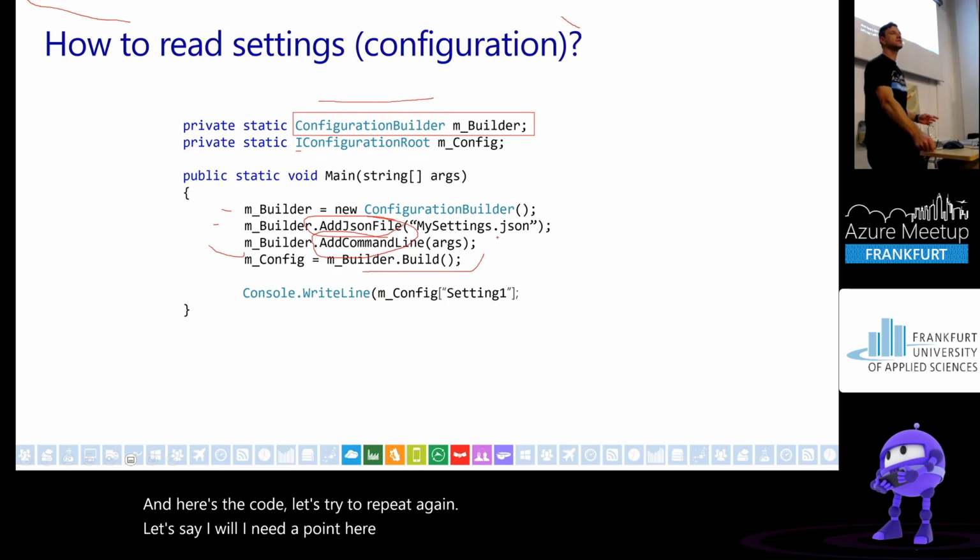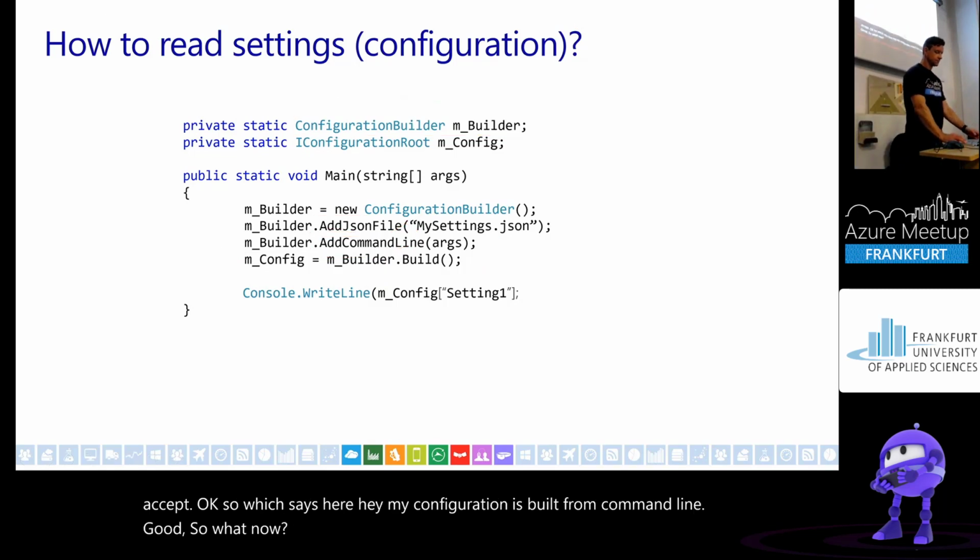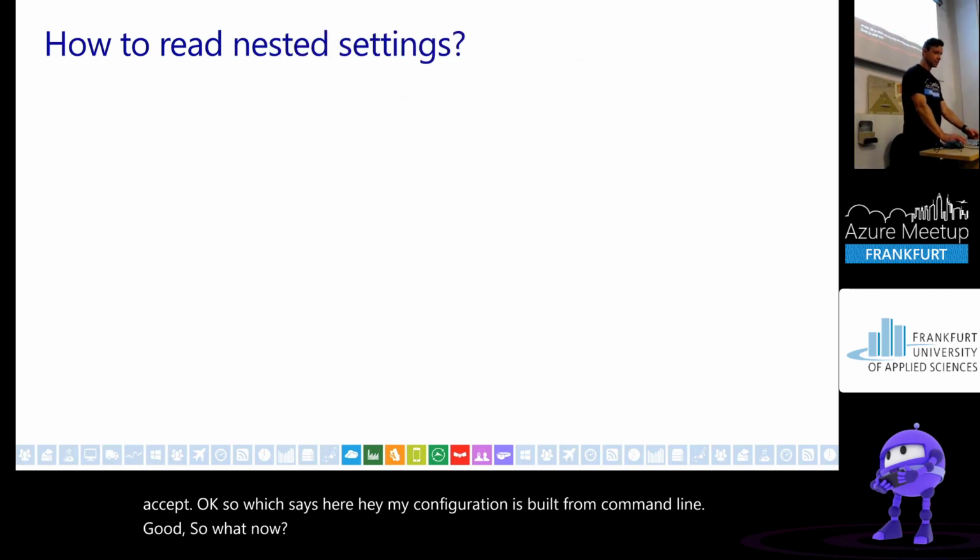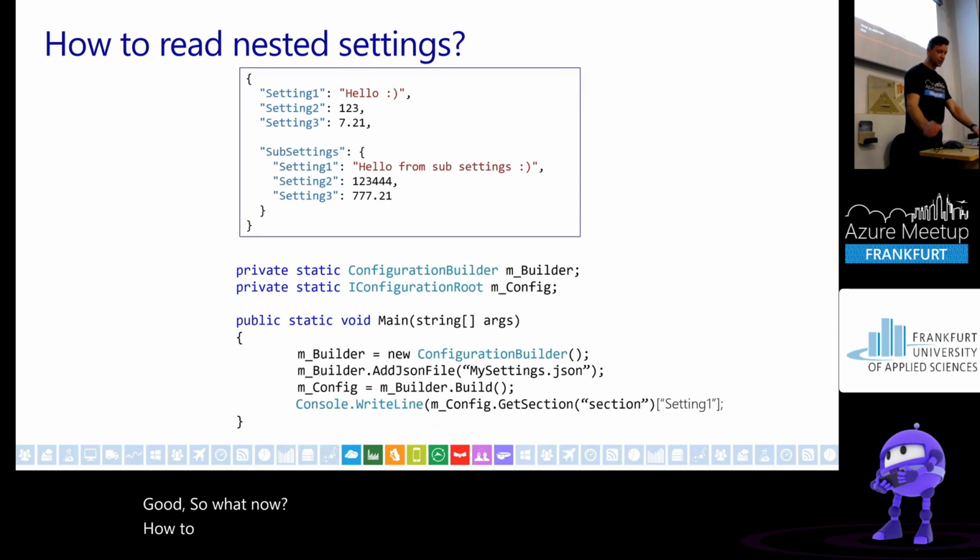So what is missing here is environment variables. I will show that in the code. It's just an example. Okay. So it says here, hey, my configuration is built from command line, JSON file. Good. So what now? How to read it? I will come to that.